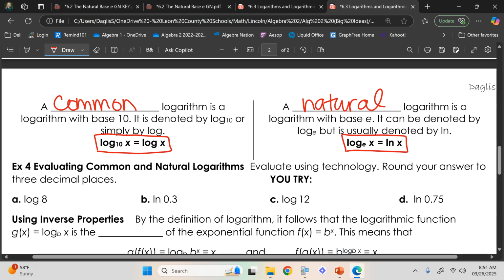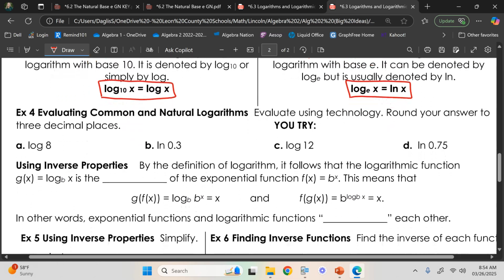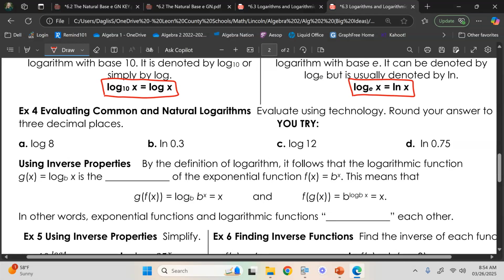Okay. So this next part is purely just, can we type it in and match? Can you type in log 8? Natural log 0.3. I bet you can.